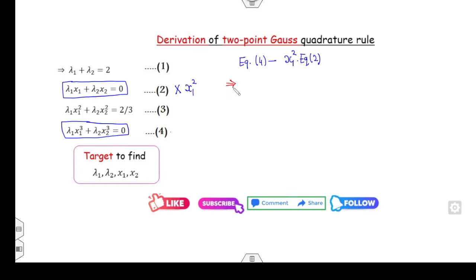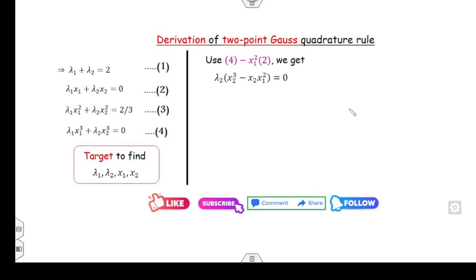The first value will be the same. The second becomes lambda 2 x2 cube minus lambda 2 x1 square x2 equal to 0. Taking lambda 2 and x2 common, the expression becomes x2 square minus x1 square.